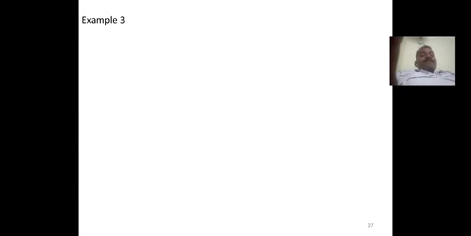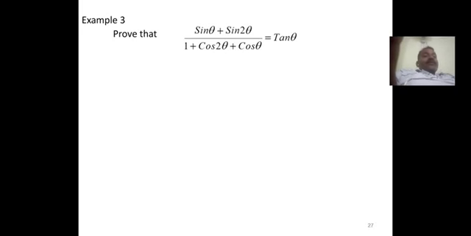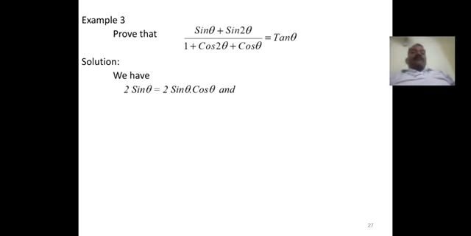Now similarly, sin theta plus sin 2 theta by 1 plus cos 2 theta plus cos theta. So here also same LHS part. In this LHS part, we have sin 2 theta and 1 plus cos 2 theta. So replace sin 2 theta by 2 sin theta cos theta and 1 plus cos 2 theta by 2 cos square theta. Small correction, sin 2 theta is 2 sin theta cos theta, and 1 plus cos 2 theta is 2 cos square theta.